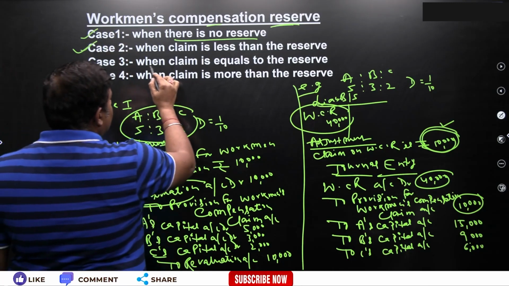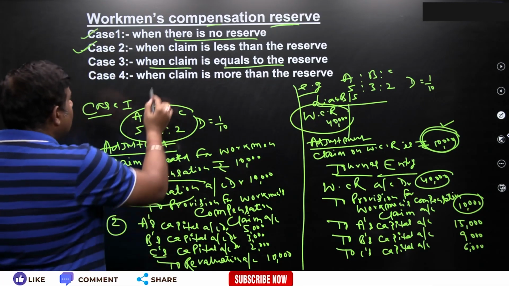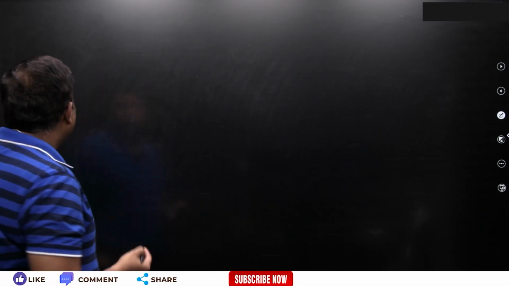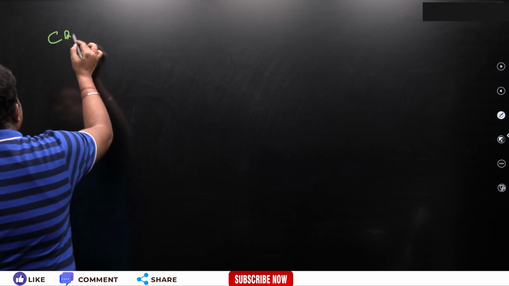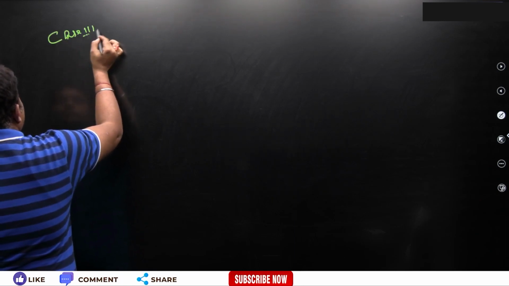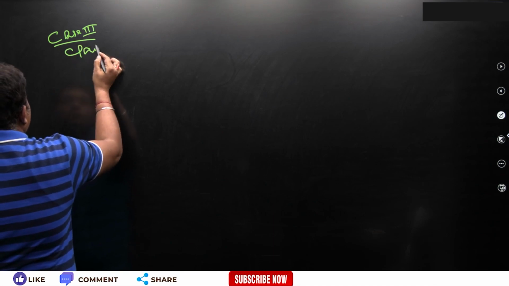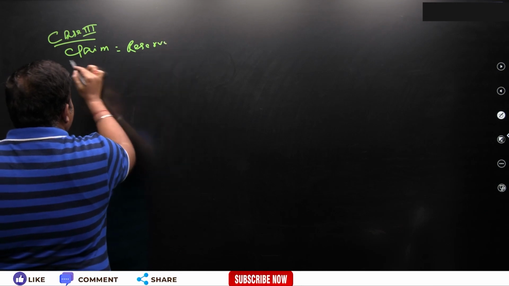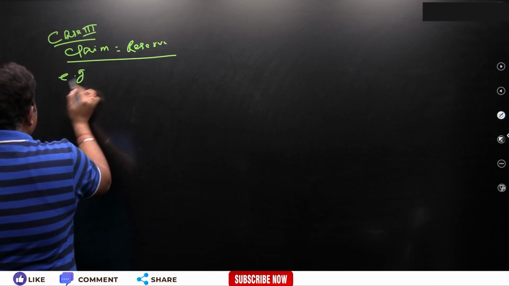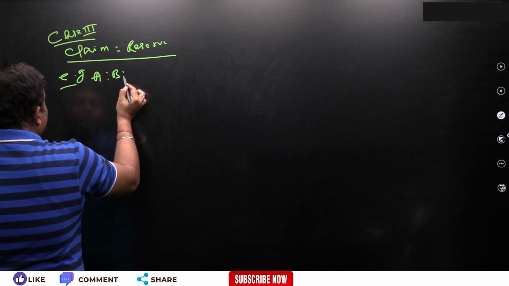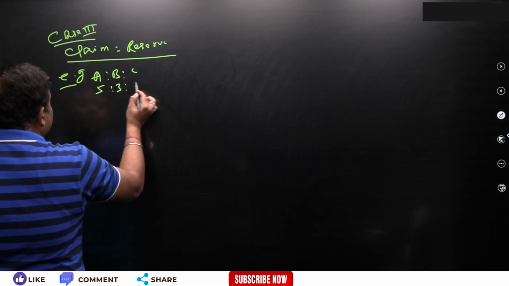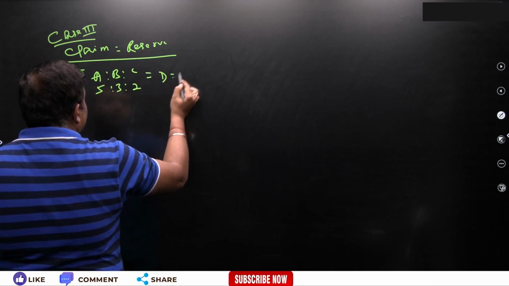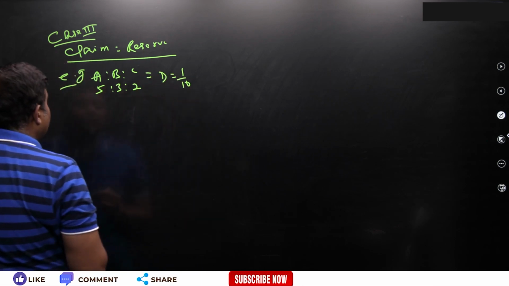The third case is when the claim is equal to the reserve, and when the claim is more than the reserve, we'll cover in the next slide. So now case 3, when the claim is equal to your reserve. Same condition: 5:3:2 where the three old partners share, and D is coming in for, say, 1/10.